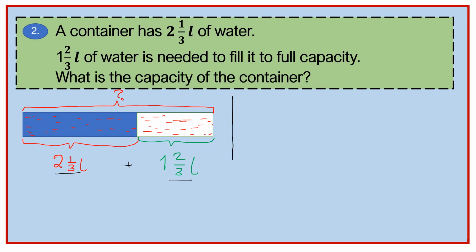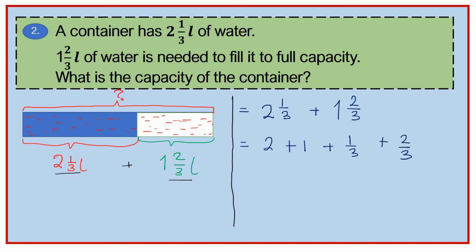So this means that we will get 2 and a third plus 1 and 2/3. Okay? Such that we will get 2 plus 1 plus 1 out of 3 plus 2 out of 3. You see?